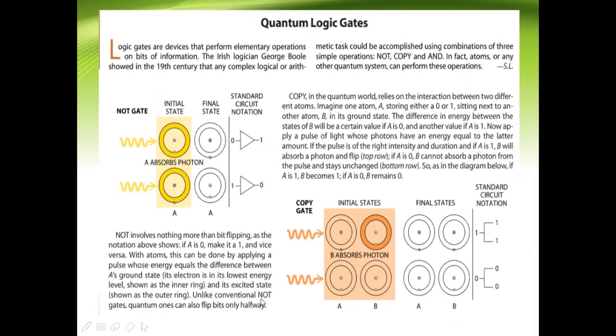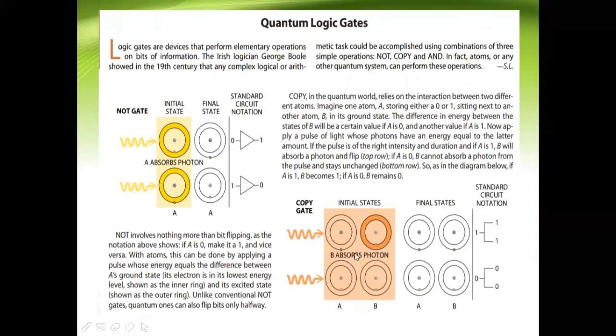Unlike conventional NOT gates, quantum ones can also flip bits only halfway. Then coming to the copy gate, this is the second picture. In the copy gate's initial state, the electron is in the outer ring. Light is absorbed at the B position.